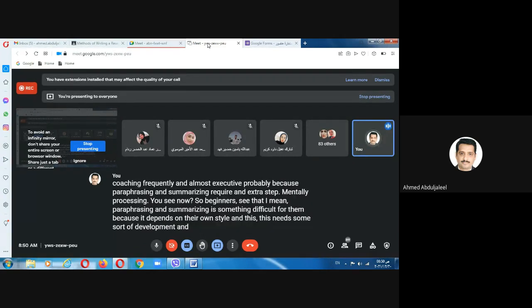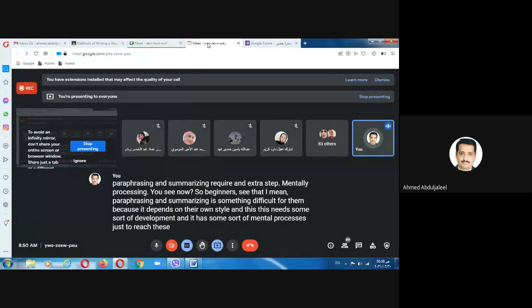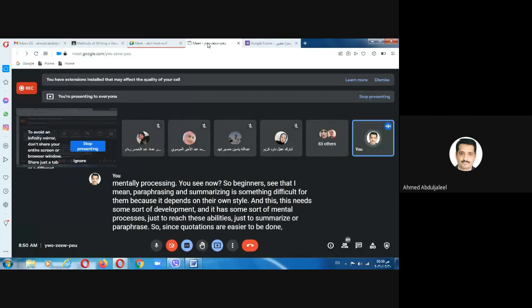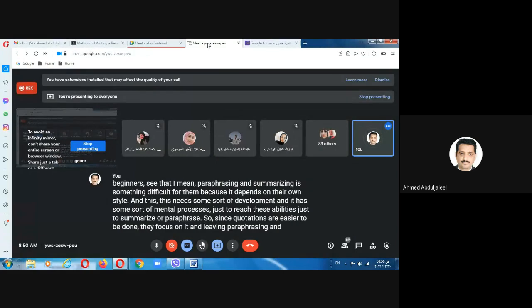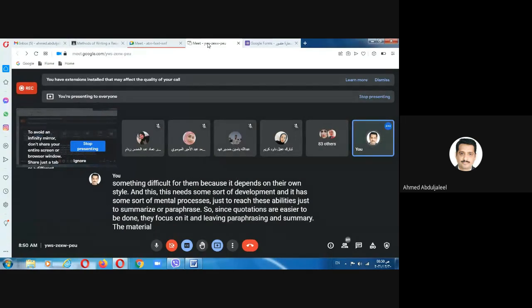It has some mental processes just to reach these abilities, just to summarize or paraphrase. So since quotations are easier to do, they focus on them, leaving paraphrasing and summary, the material and converting it to the writer's own words.